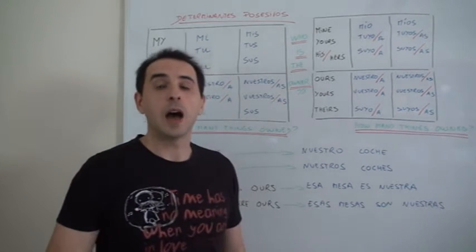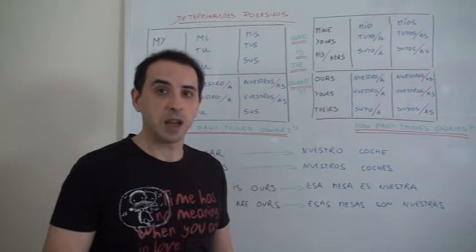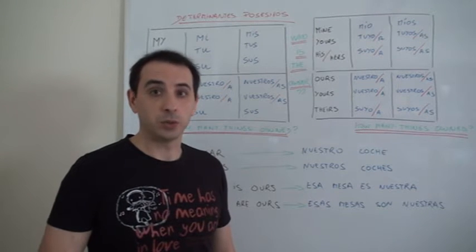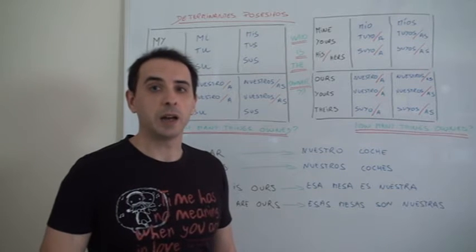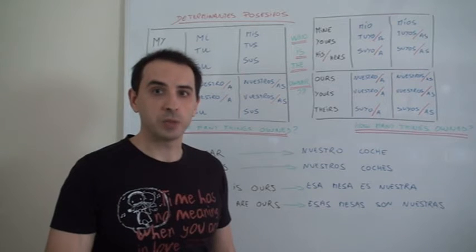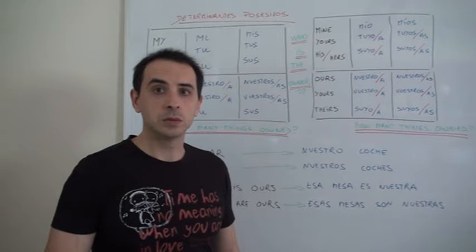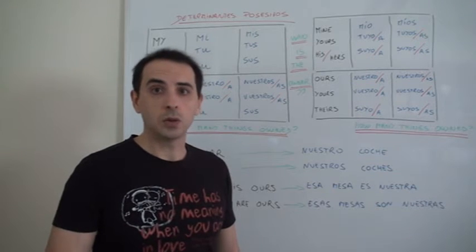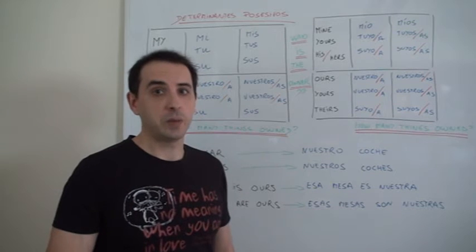Again, we are going to have four options, but sometimes it's going to be only two, because masculine and feminine are going to be the same. But in general, we have four options because the object owned may be one or more than one, masculine or feminine.